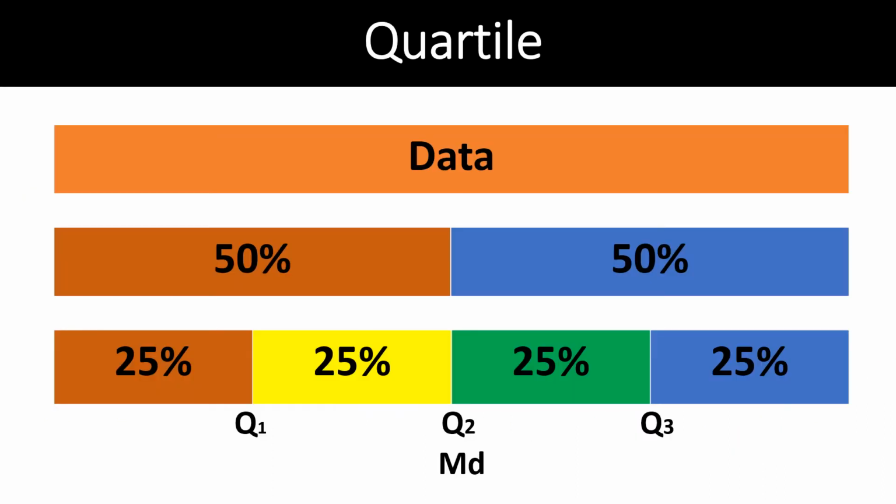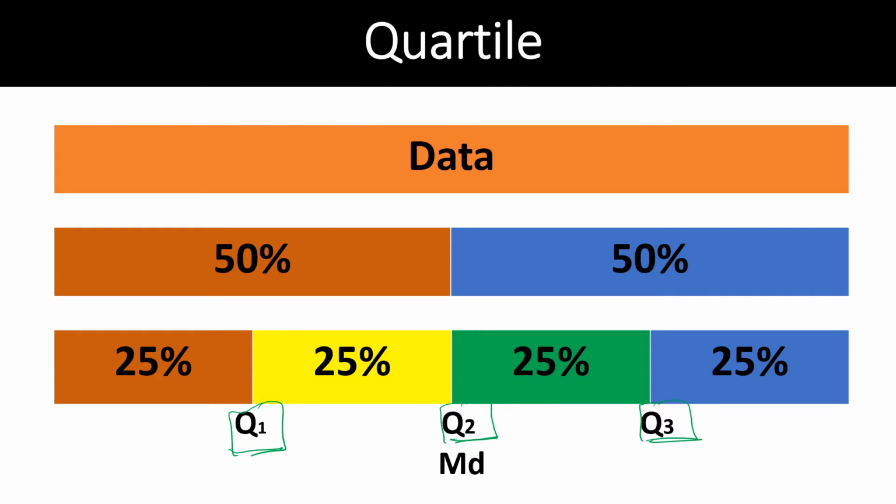Now next, moving towards quartile. Quartile is same as median, but in case of median we divide the data set into two equal parts. In case of quartile we divide the data set into four equal parts, which is there are three quartiles, Q1, Q2 and Q3. Q1 is lowest quartile, which is first quartile. Q2 is second quartile and Q3 is upper quartile, or you can say third quartile.